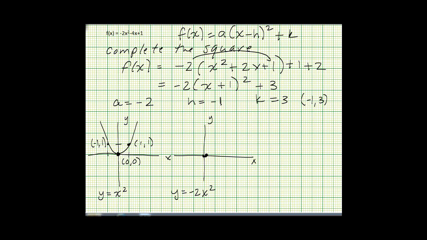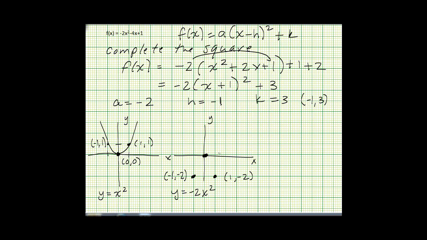Our vertex stays at 0, 0, but for 1, 1, when x is 1, now y is going to be -2, and when x is -1, y will be -2. So now this point is 1, -2, and this point is -1, -2.